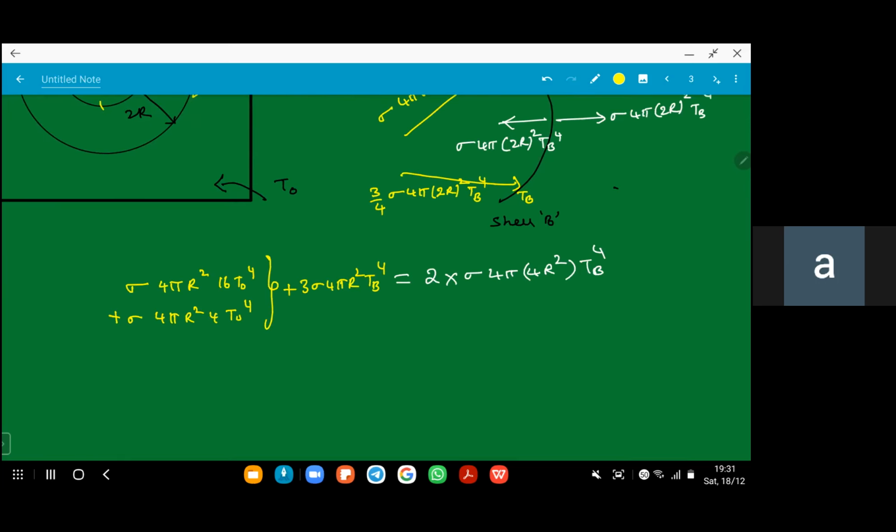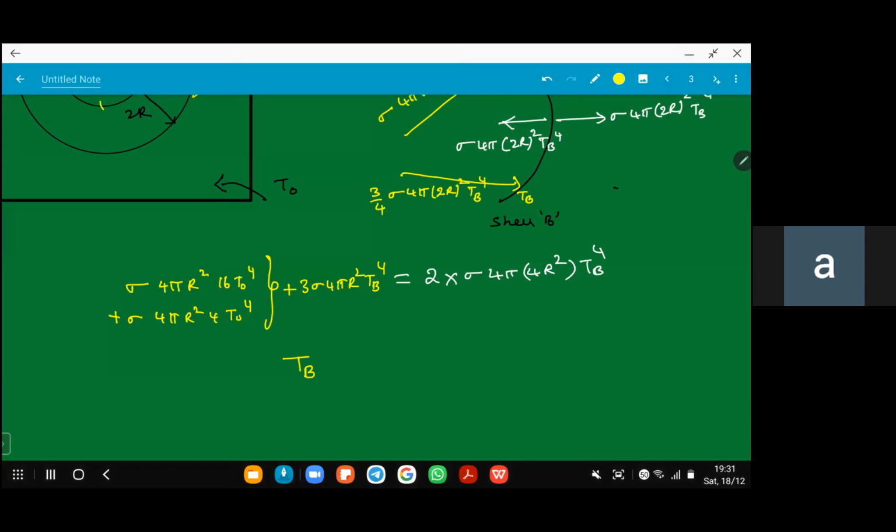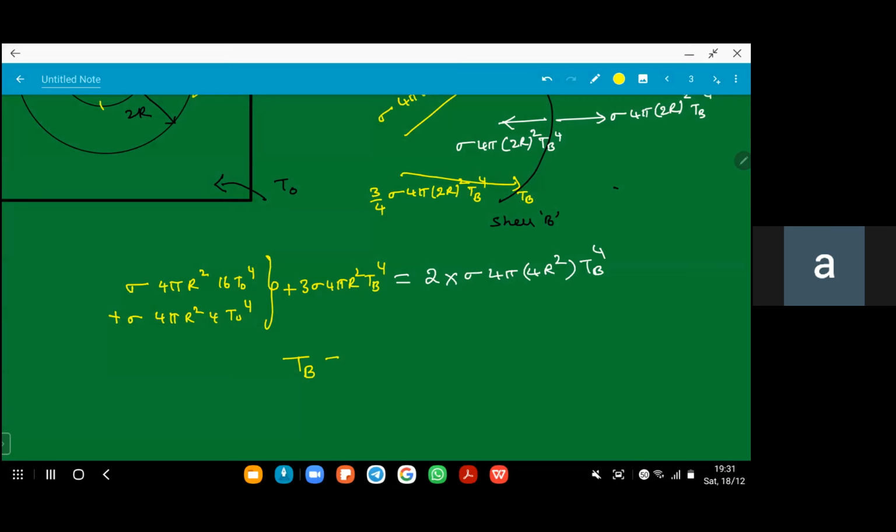Dear friends, by solving which you can say that TB power 4 is simply 4 times T naught power 4, which implies TB is root 2 T naught.